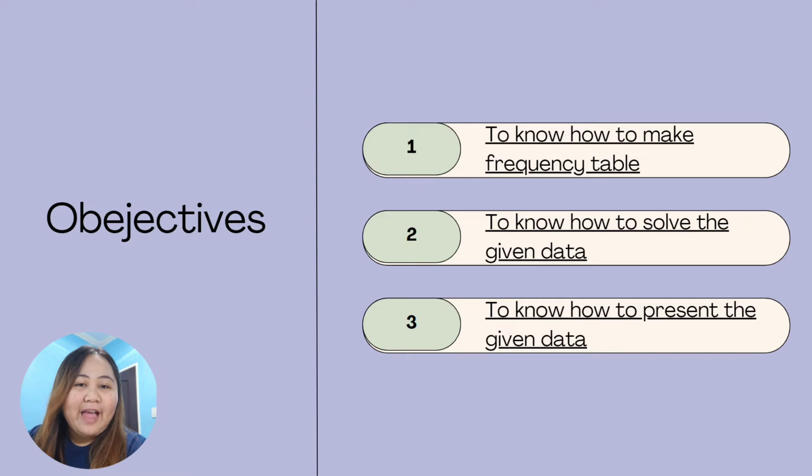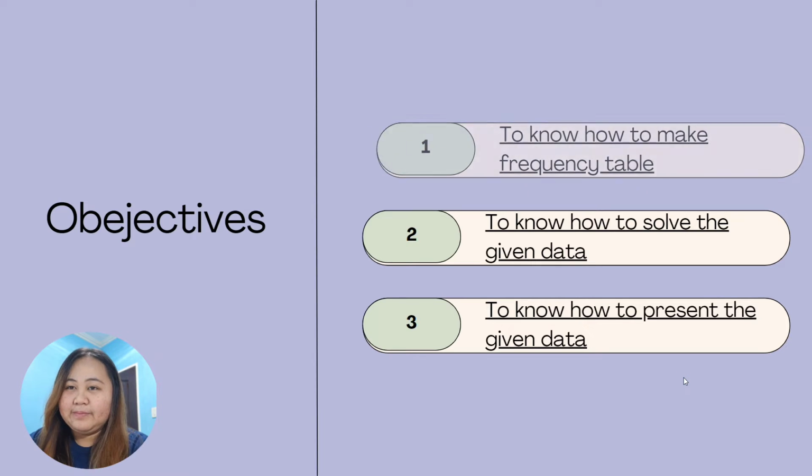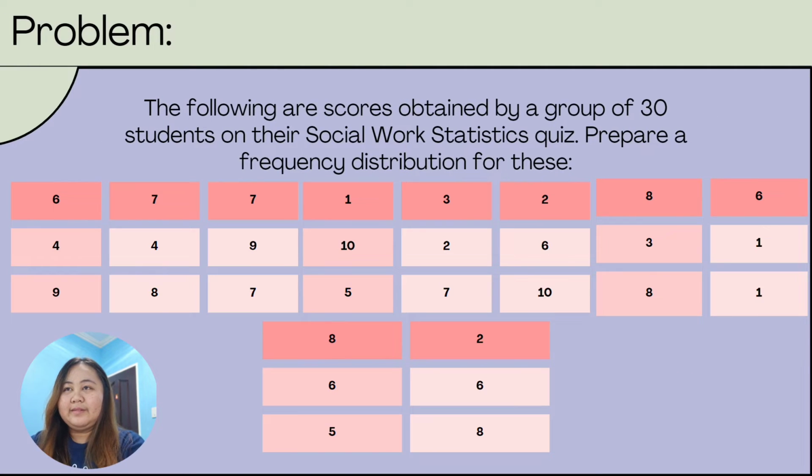So, in order for us to elaborate on how to make a frequency distribution table, we have a problem. We're going to read the problem, shall we? The following are scores obtained by a group of 30 students on their social work statistics quiz.